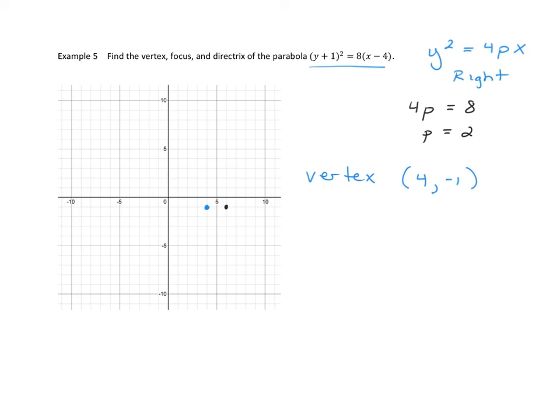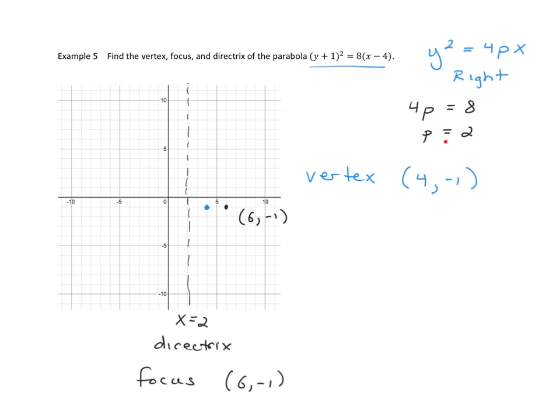So I'll draw that in here like this. I know this equation is x is equal to 2. So this is the directrix. And this focus is at 6, -1. So I'll put that down here. The focus is at 6, -1.